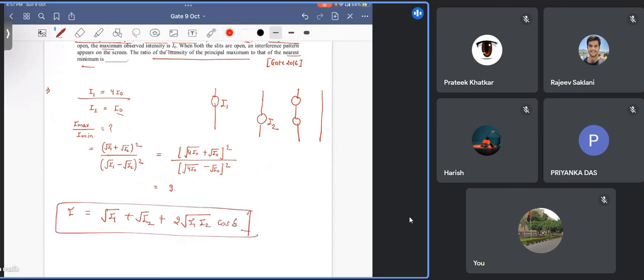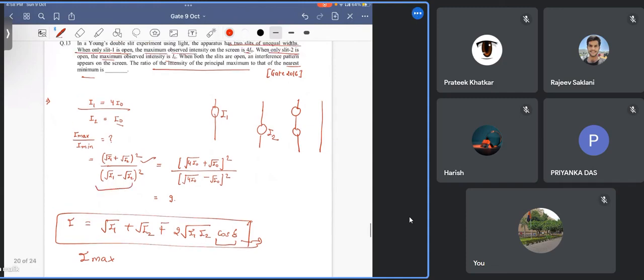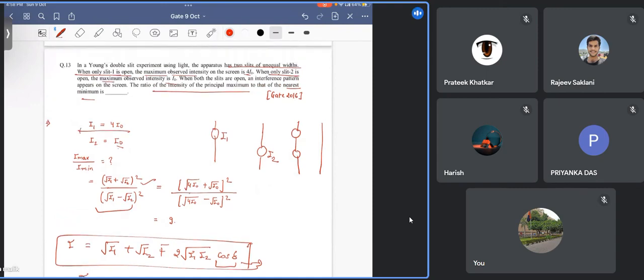For the maximum case, cos delta is 1, so I max is given by this expression. For the minimum case, cos delta is minus 1, so minus will come and this is the expression for minima. I just put the value of I1 and I2 in this expression, and this will become 3 times square root of I naught squared divided by square root of I naught squared. So the ratio will become 9.